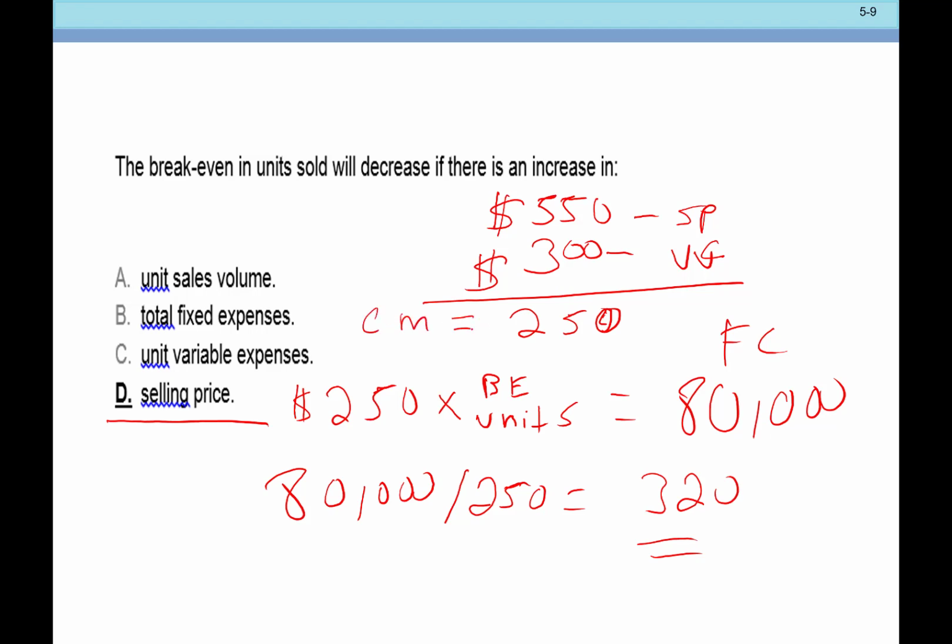Now what happens? Again, guys, I set these up the same way every time I'm trying to figure out what the break-even units are, what the target profit units are, just so I make sure that I know what I'm doing. Sometimes if you memorize a formula, you think you're thinking your thoughts, but your thoughts are thinking you. The formula is pushing you, and you're like, well, wait a minute, is this really what I wanted to analyze?